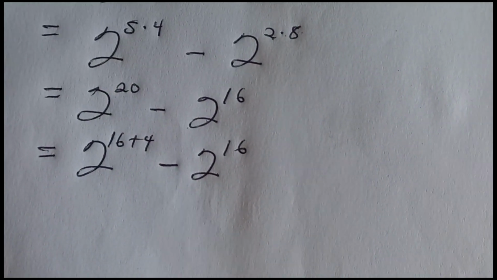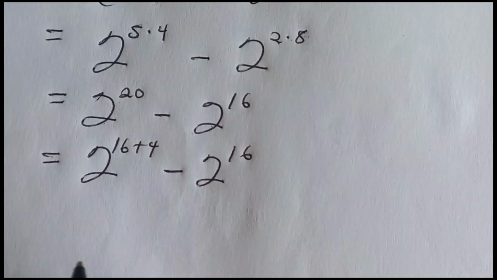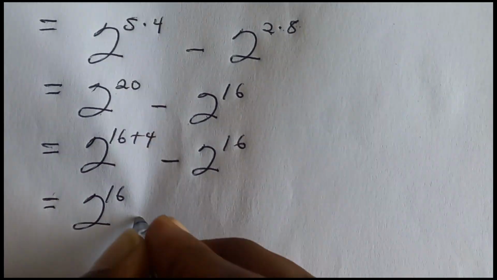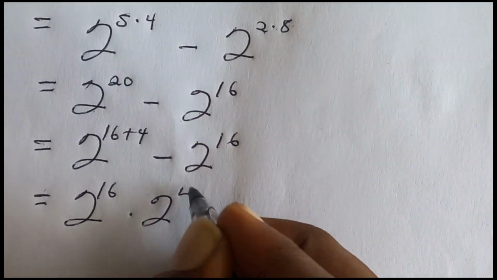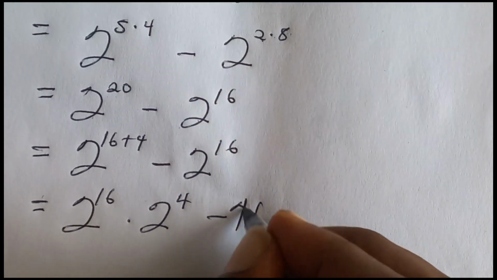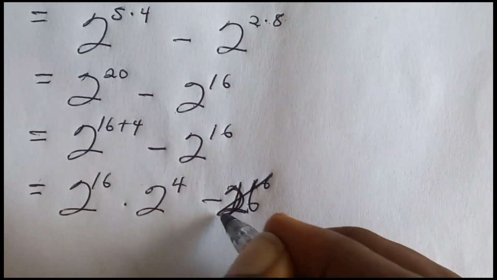Now, this 2 exponent 16 plus 4, we can rewrite as 2 exponent 16 multiplied by 2 exponent 4, minus 2 exponent 16. Let me write it here.